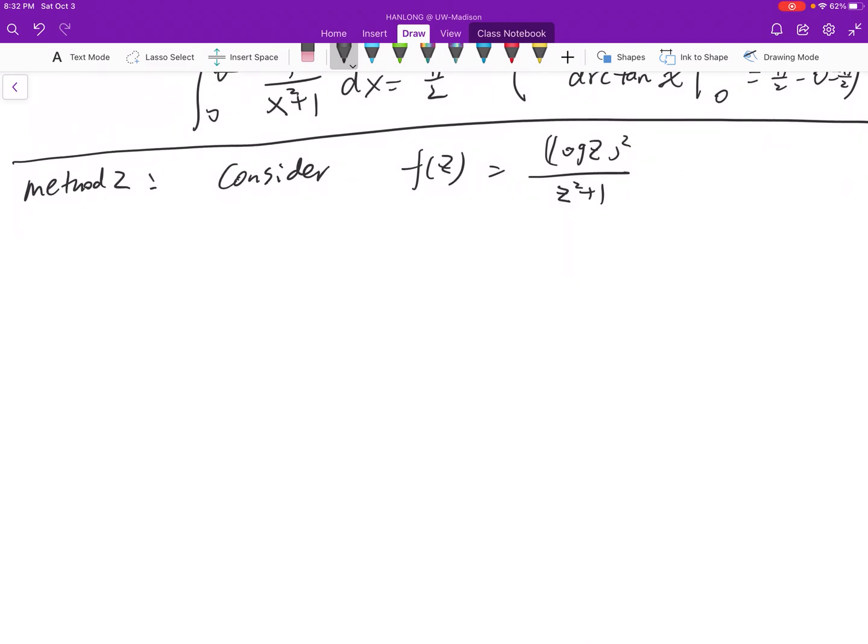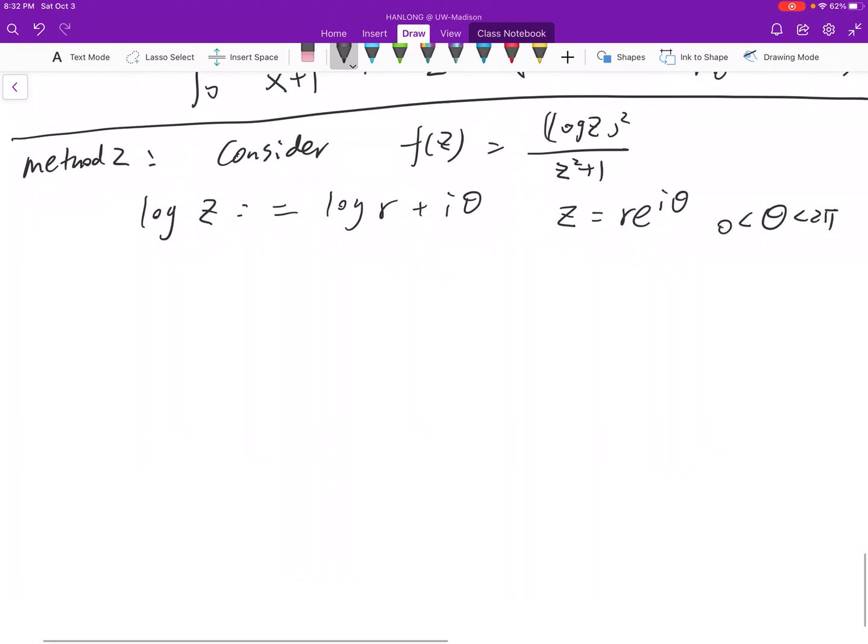If you only want to evaluate the integral, method 1 is most straightforward and intuitive. Okay, similarly, we need to define log z, but now we define it in this way. We cut along the positive real number line.